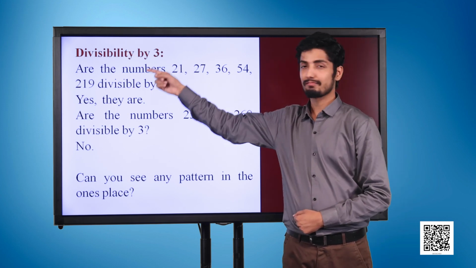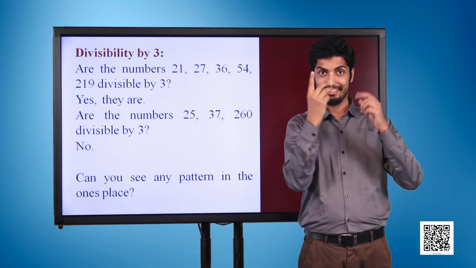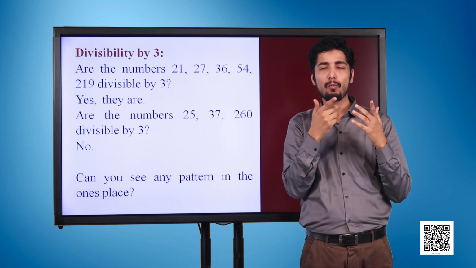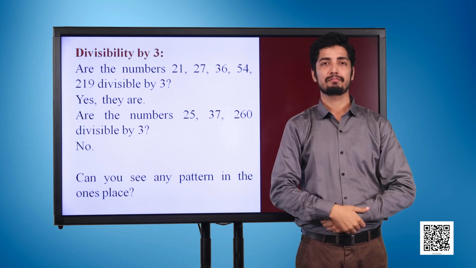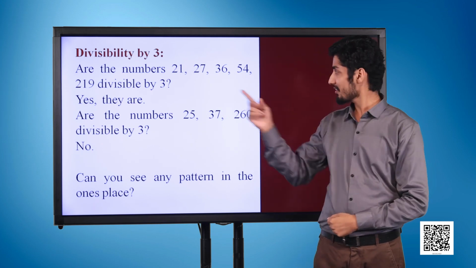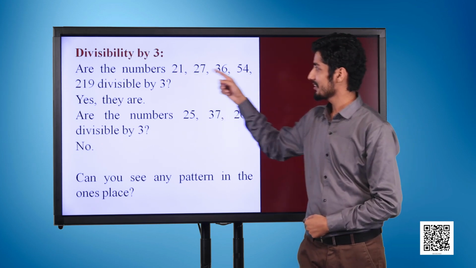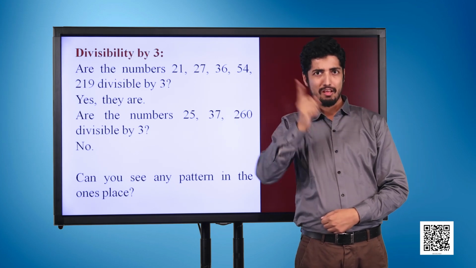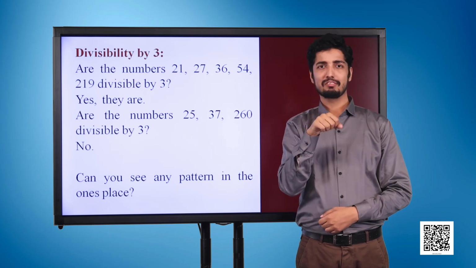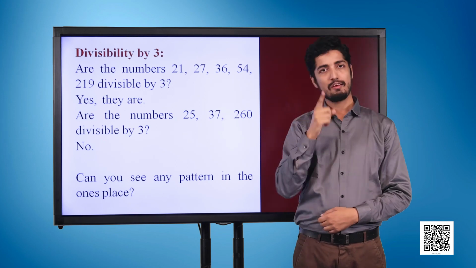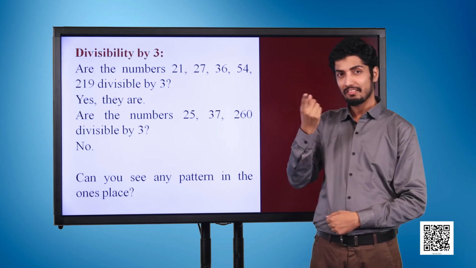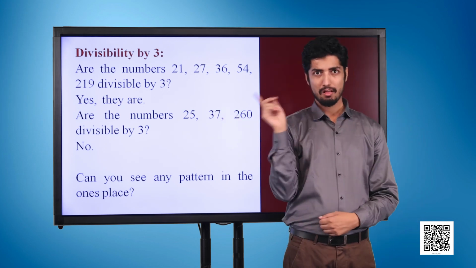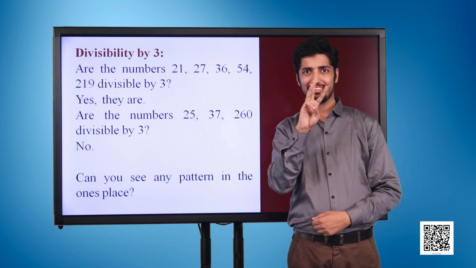Divisibility by 3. Are the numbers 21, 27, 36, 54, 219 divisible by 3? Yes, they are. Are the numbers 25, 37, 260 divisible by 3?